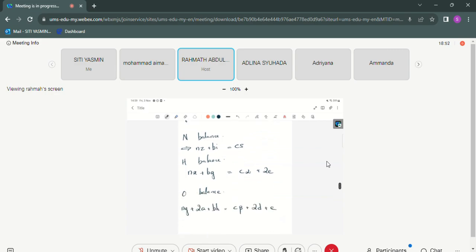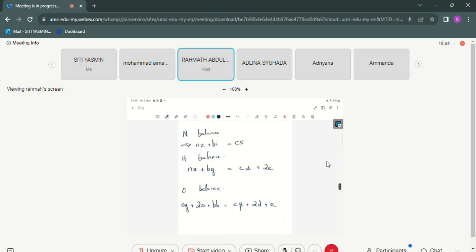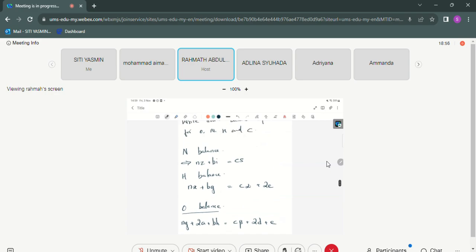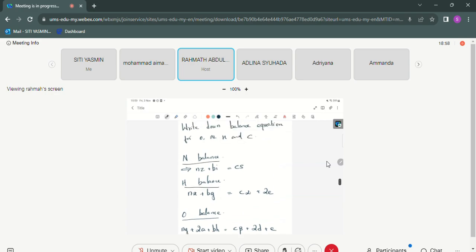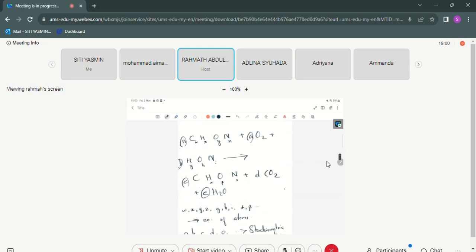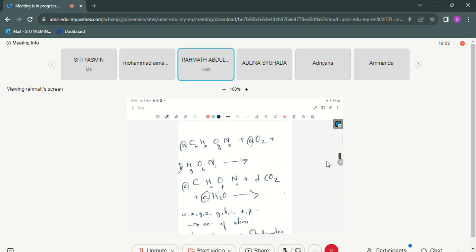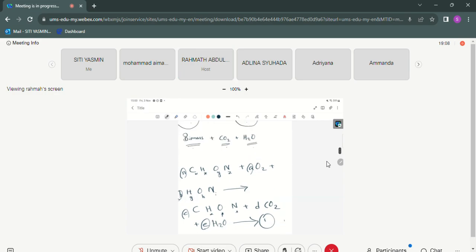So how about the others? Did you get these balance equations for oxygen, hydrogen, and nitrogen based on this? This one maybe I can term as equation number 1. You have to find out the number of carbon or hydrogen here. Here for oxygen is Ny, you can see N, plus here you have 2A. You can see A and 2.